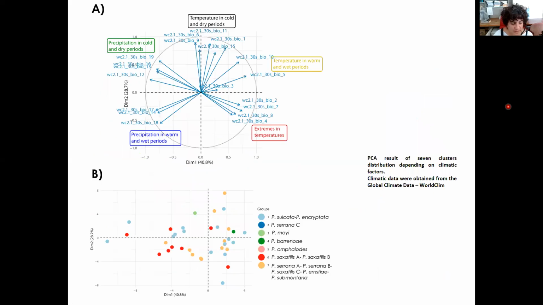We performed PCA analysis to identify which clusters were represented as a function of the climatic conditions. The seven clusters showed indifference relative to climatic parameters, and they are scattered across the hyperdimensional climatic space.